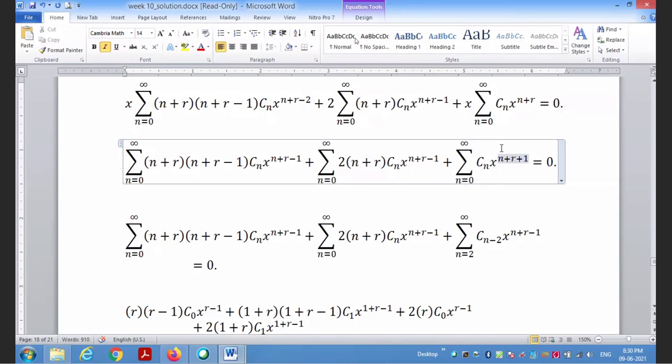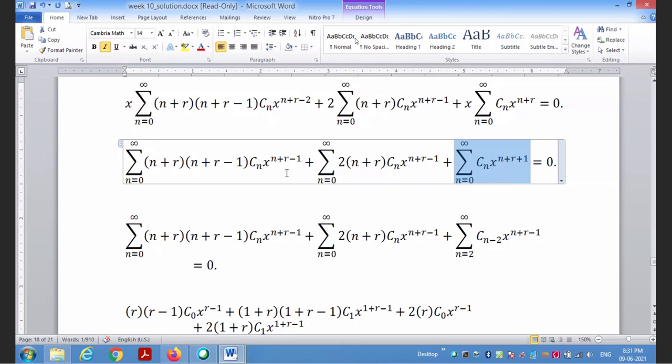So it's up to you. If you want to change this to n plus r plus 1, you have to change both summations. So it's a good idea to only change the last one, but the first and the second remain unchanged, because you try to avoid changing as many summations.